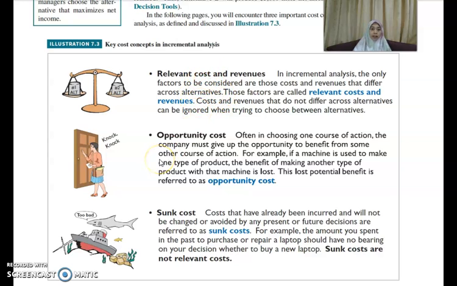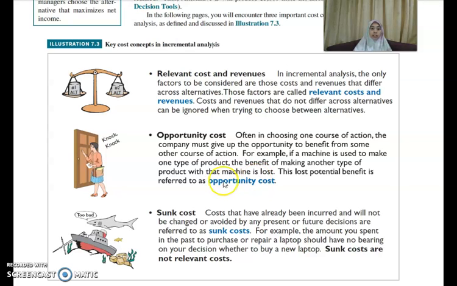Once you have understood that, we move on to opportunity cost. Often in choosing one course of action, the company must give up the opportunity to benefit from some other course of action. For example, if a machine is used to make one type of product, the benefit of making another type of product with that machine is lost.